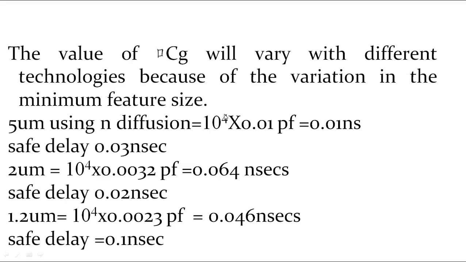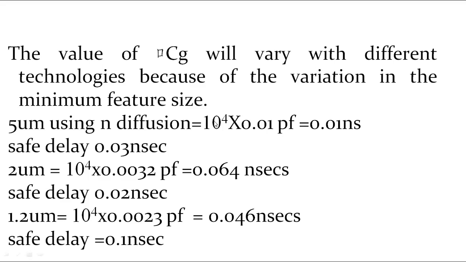Rs is constant for all the technologies. The sheet resistance for the N diffusion for 5 micrometer, 2 micrometer and 1.2 micrometer will be the same. The sheet resistance will not vary from one technology to another. Whether you take 1 centimeter square or 0.001 centimeter square, the sheet resistance will be constant. The variation is in the capacitance square Cg.